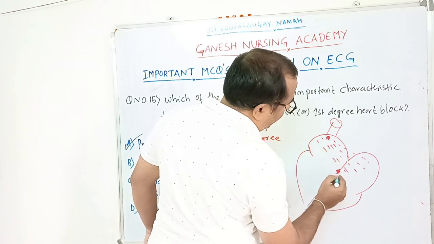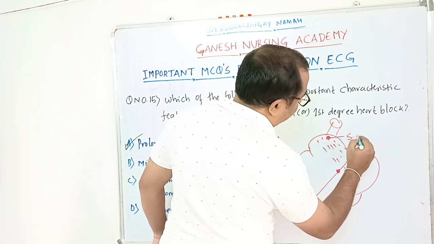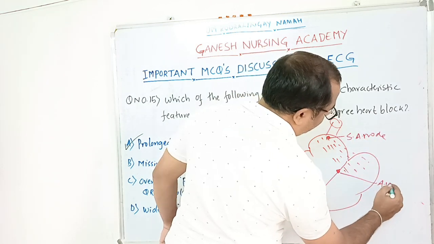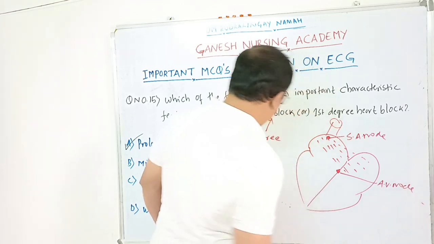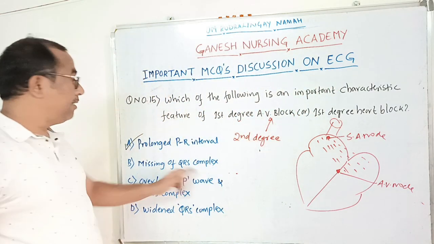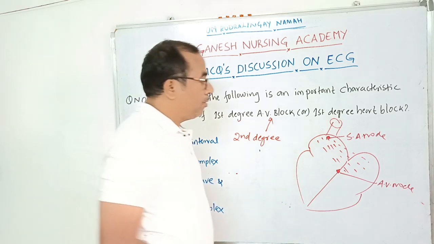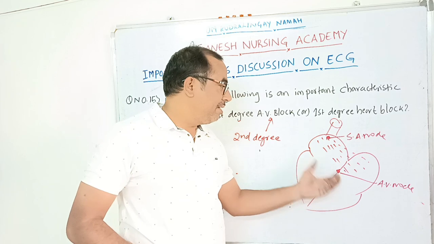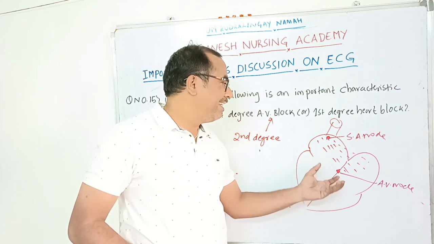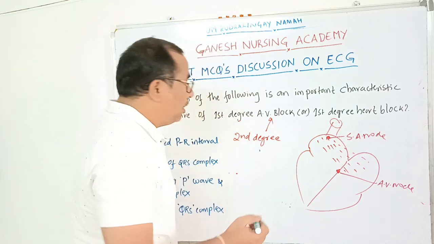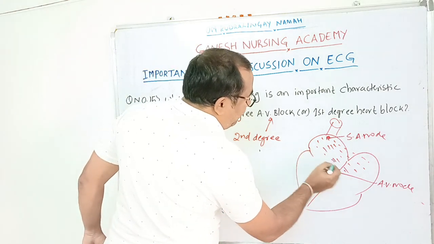So in case of second degree AV block, there is a missing of QRS complex. Why? Because here the AV node is so weak that it is unable to receive electrical impulses and transmit them to the bundle of His.